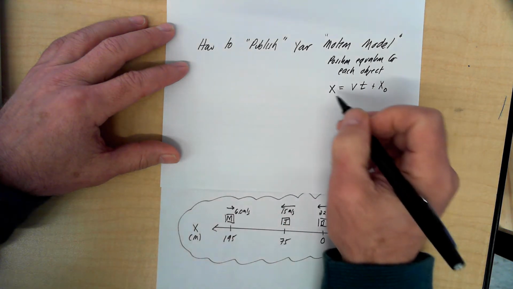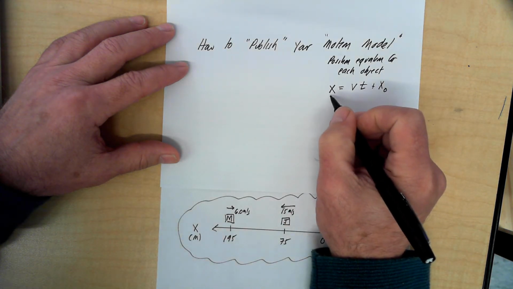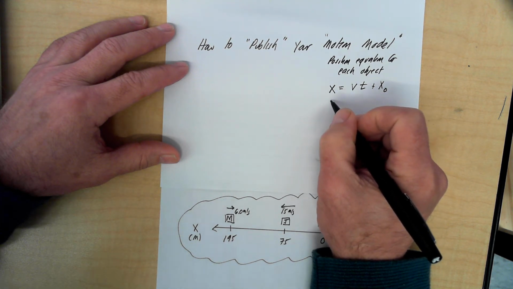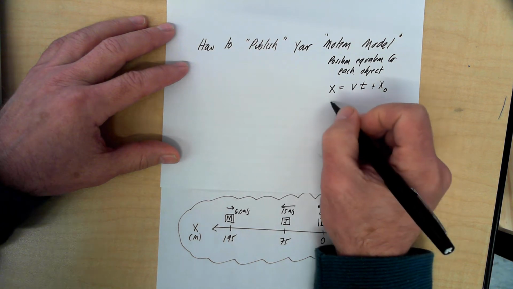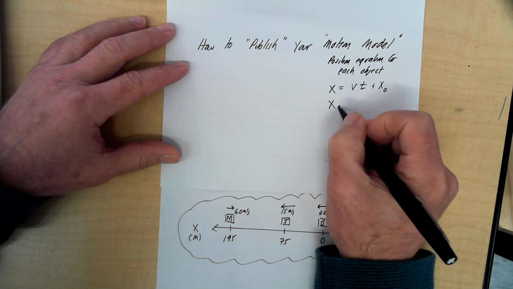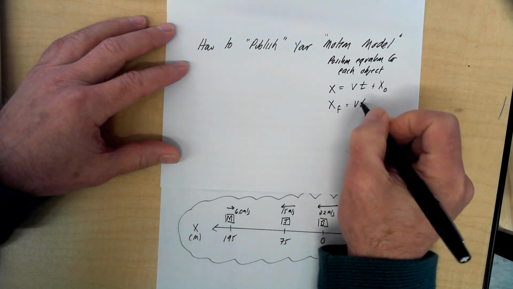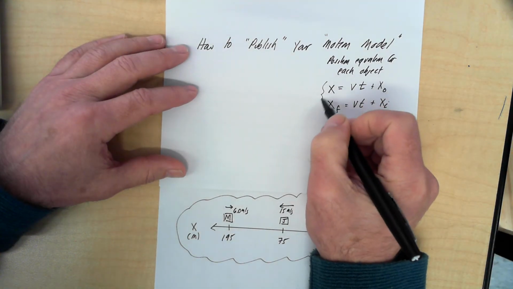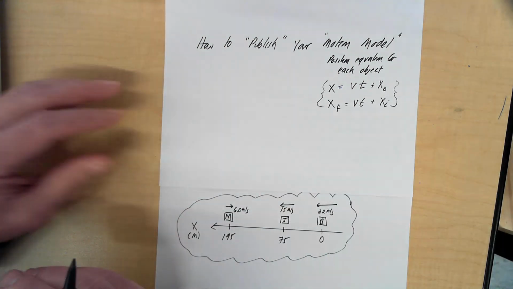If you want to use a different nomenclature style, you can say x final equals v sub t plus x initial. These are synonyms.